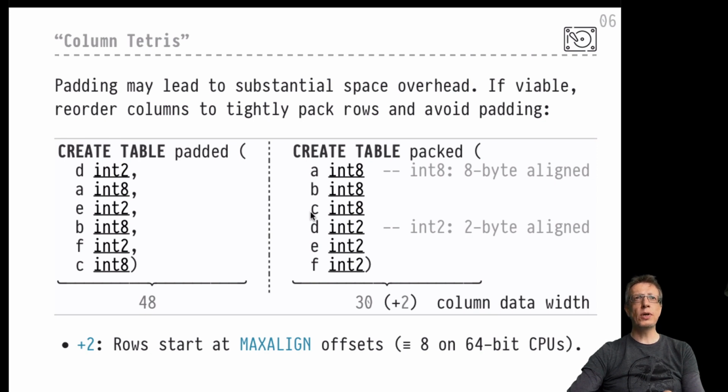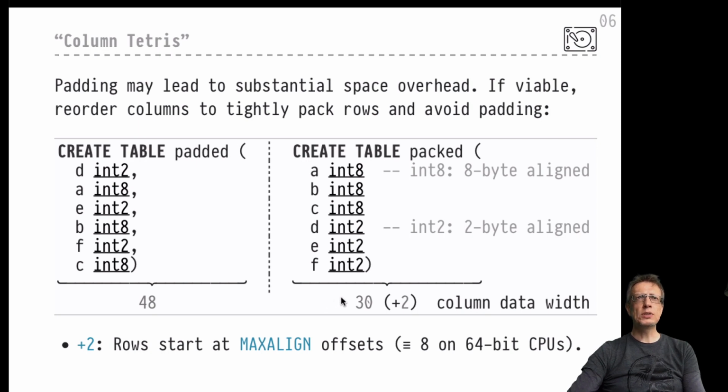So that's fine. It's not so great in the padded table, where the required padding will add to our space requirements up to overall 48 bytes. It's only 30 bytes for the same information here in this Tetris column organized packed table, in which we save all the padding requirements.